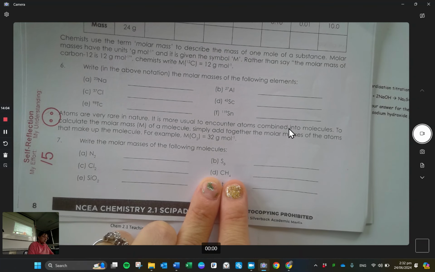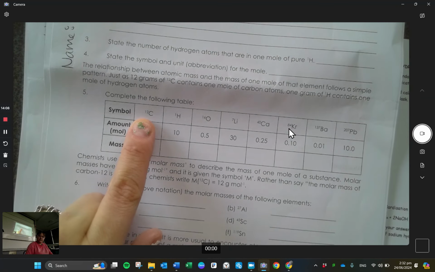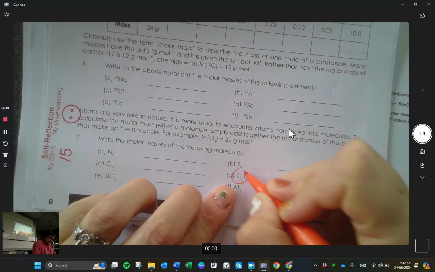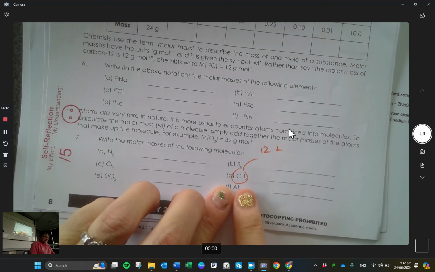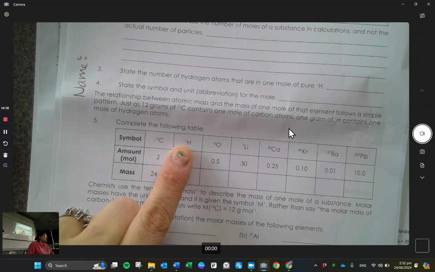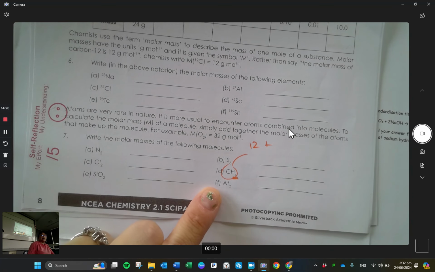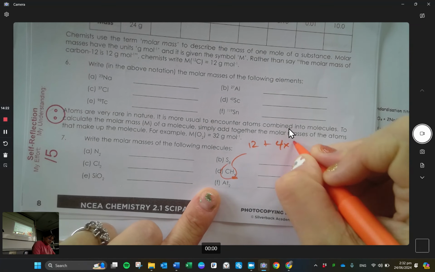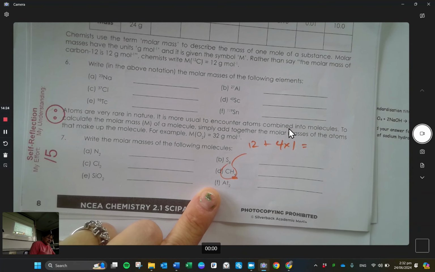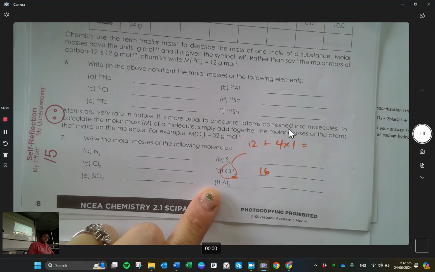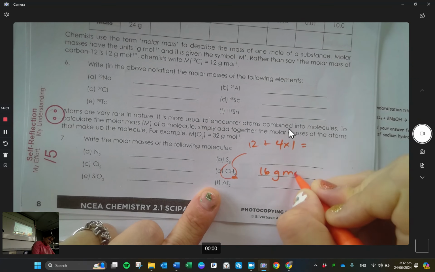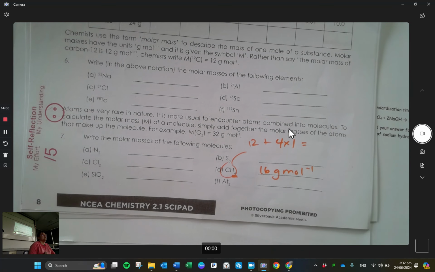If I wanted to figure out the mass for that, I would look up the mass for carbon, which is 12, plus the mass of the hydrogen. The hydrogen is 1. Now, since I have 4 of them, that means I have 4 times 1. So then I get a total of 16. So that's how we find those numbers.